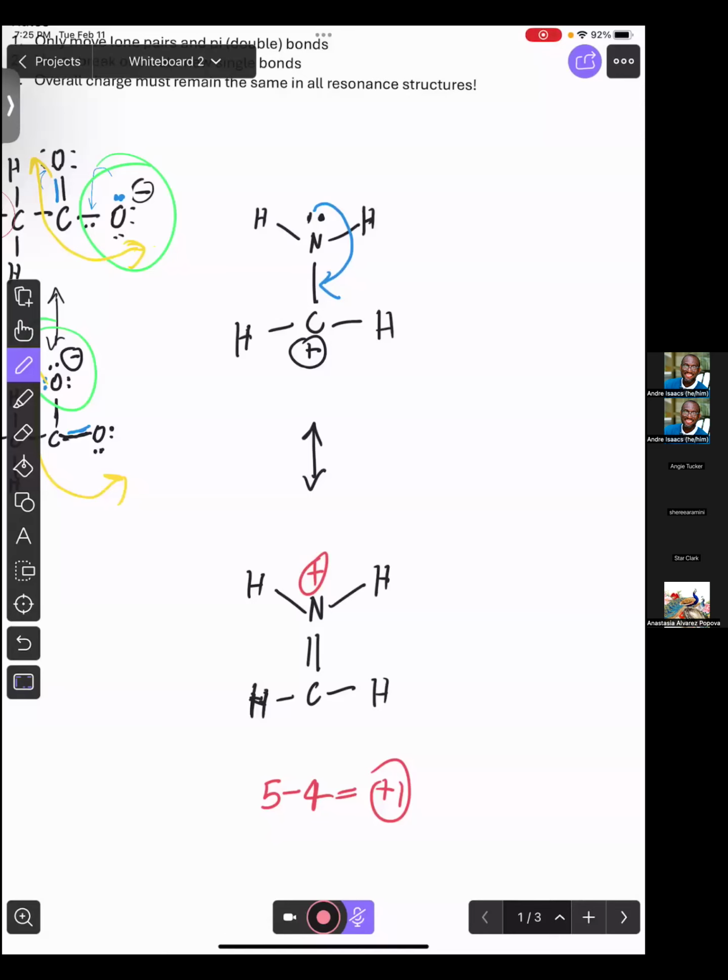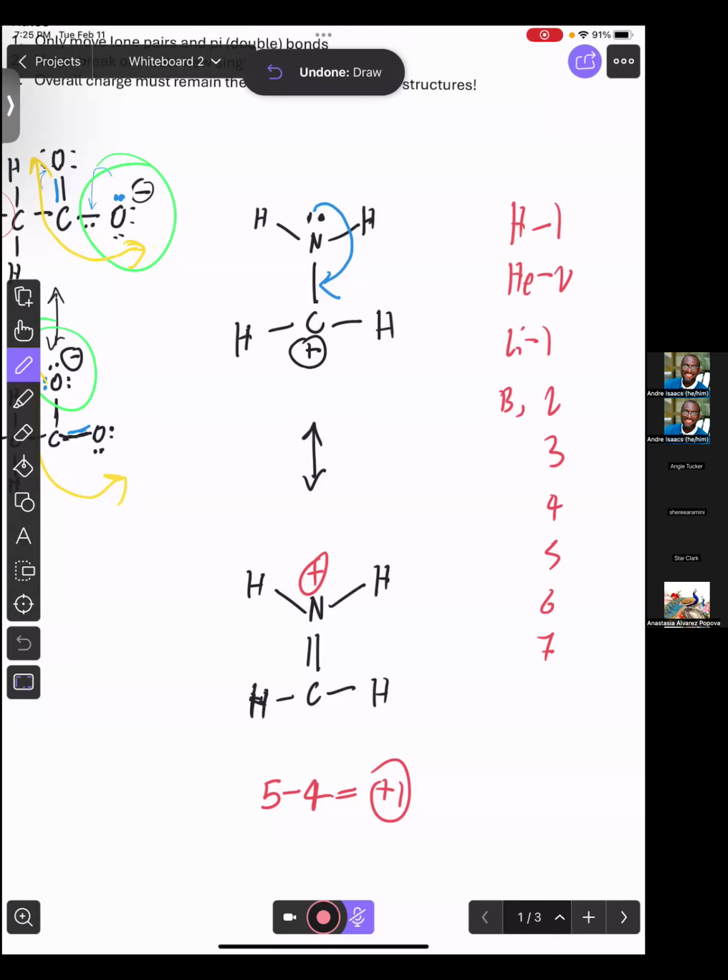If you look at the periodic table, hydrogen is 1, right? Helium has 2. Lithium is 1. If you keep going across, you get 1, 2, 3, 4, 5, 6, 7, and you can put all the atoms in: lithium, beryllium, boron, carbon, nitrogen, oxygen, fluorine, neon is 8, right?